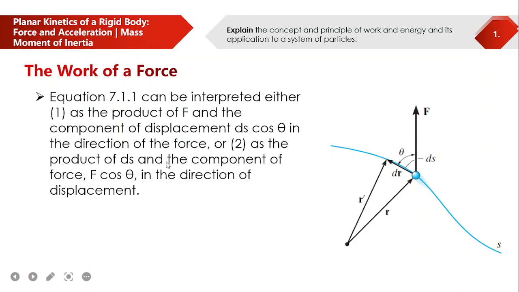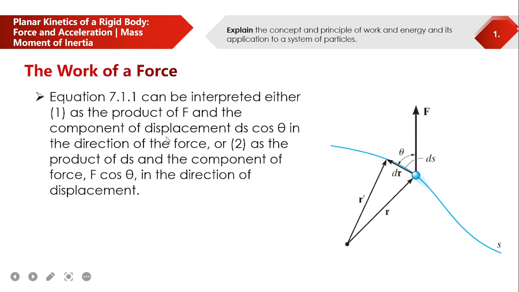Equation 7.1.1 can also be interpreted as the product of ds and the component of the force, F cosine theta, in the direction of the displacement. So, pwedeng pamili kayo sa dalawang variable natin, kung baga figures natin, no?